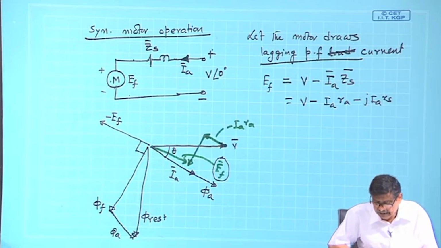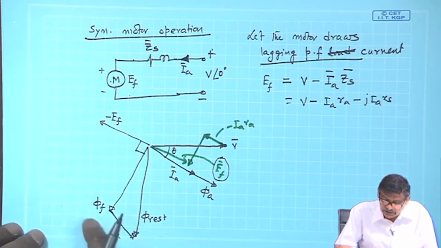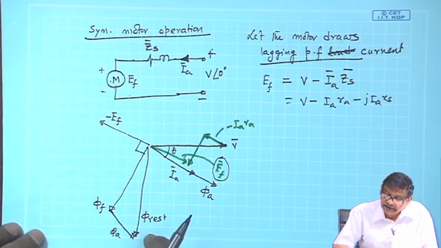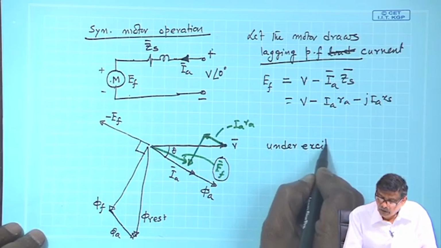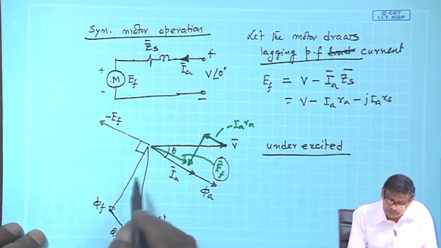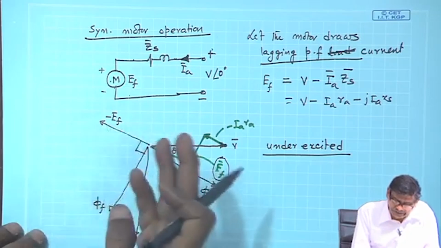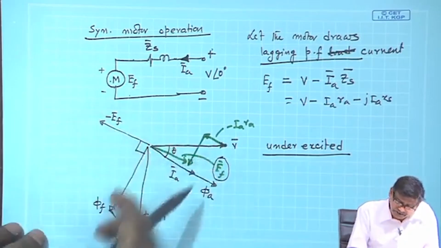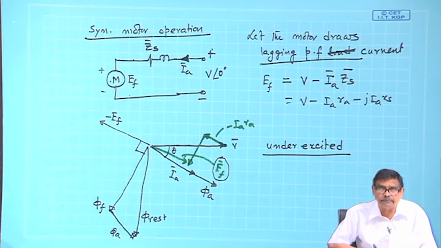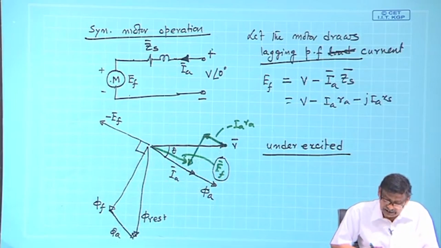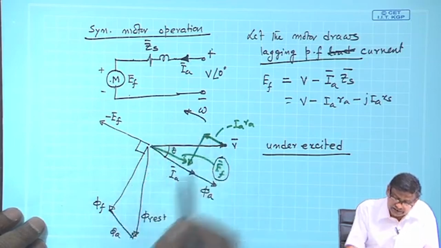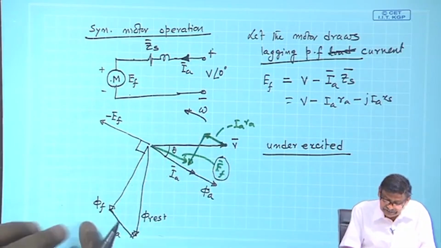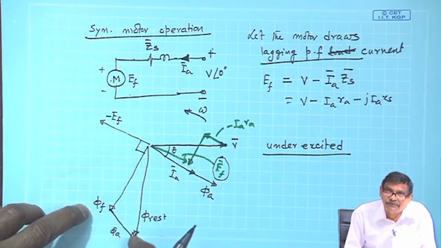Here also I find that phi resultant is more than phi f, therefore it is underexcited. Of course, while solving problems, it is not necessary to draw Ef and phi r all the time. But all phasors are rotating in the anticlockwise direction, omega, like this. In this case, this is the rotor field phi f, this is the net field.